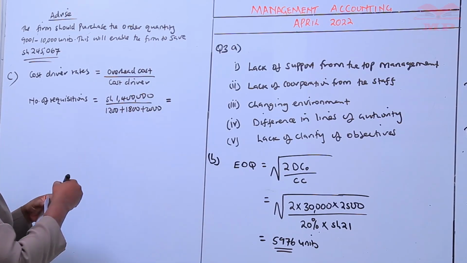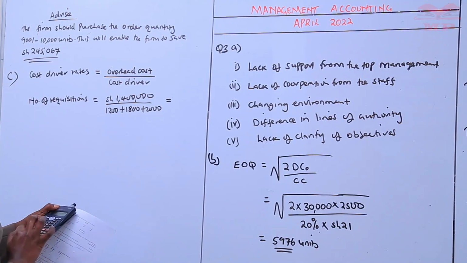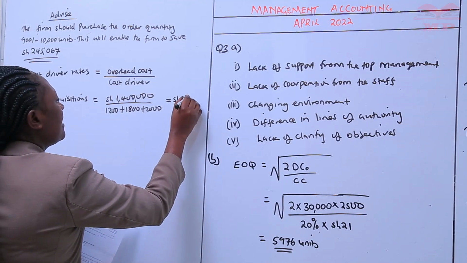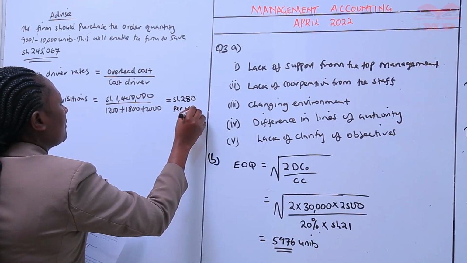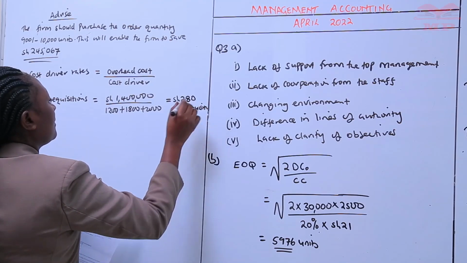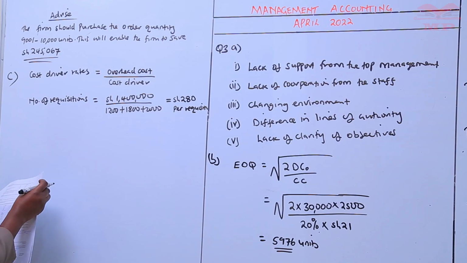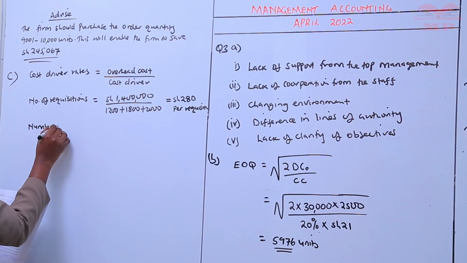This will give us the cost driver rate. This is 280 shillings per requisition. The second one is number of setups.